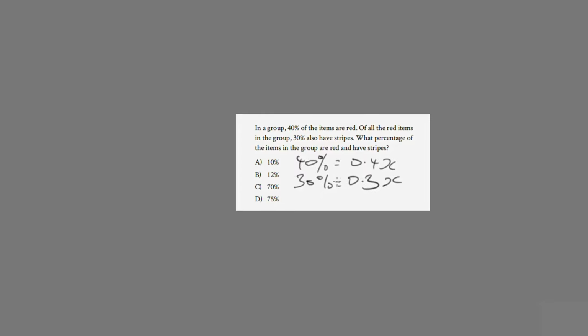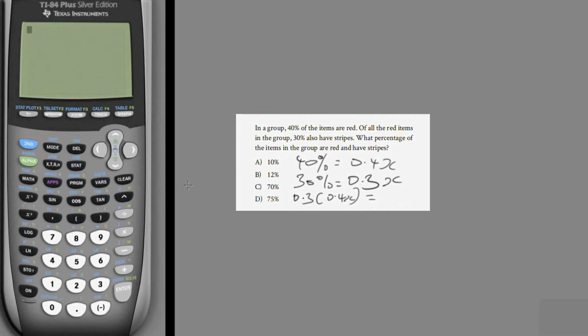Since it's probability of and, you now say 0.3 times 0.4x, or you can choose to remove the bracket and do 0.3 times 0.4x. Either way is still correct. So let's punch this in the calculator and see what it's going to give us as output.